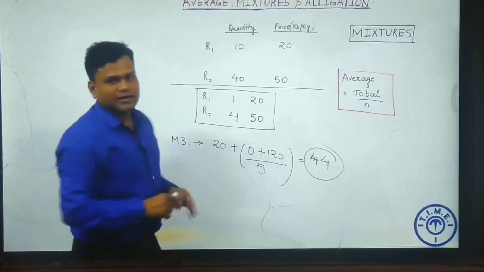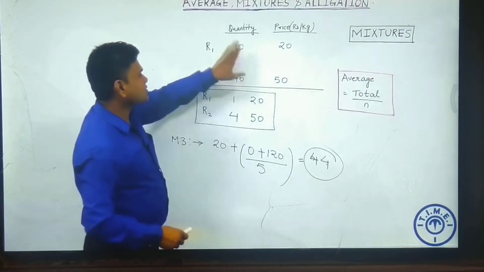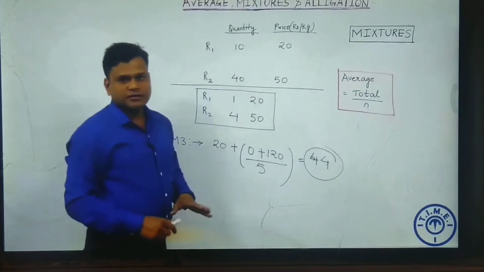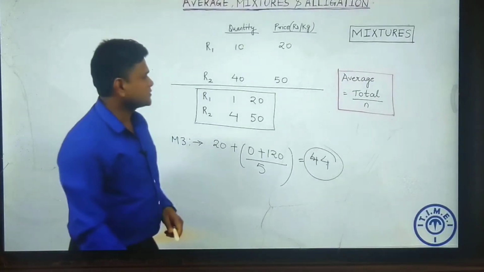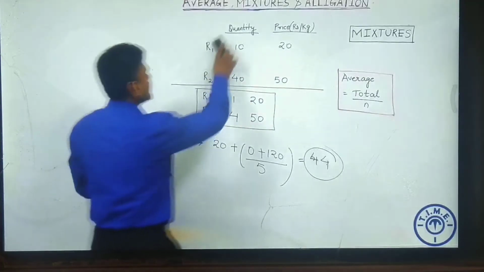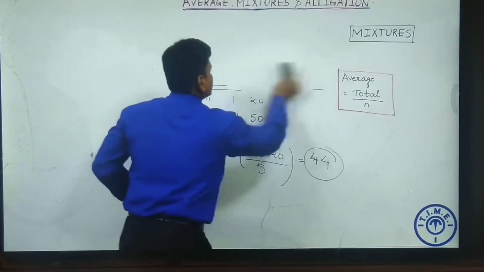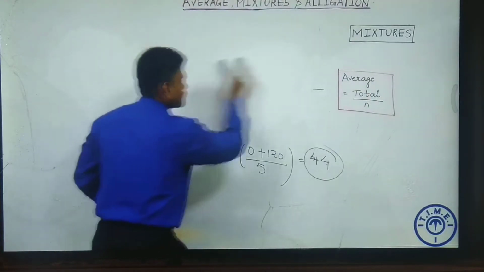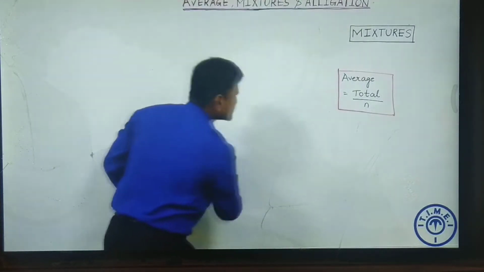Now, to generalize that, I can have a situation where let's say this is Q1, this is Q2, P1 and this one is P2. So if I have to find out the average price, we'll say that my average price as a generalization can be represented like this. It could be in terms of price and quantity, it could be in terms of marks, the number of students and so on.